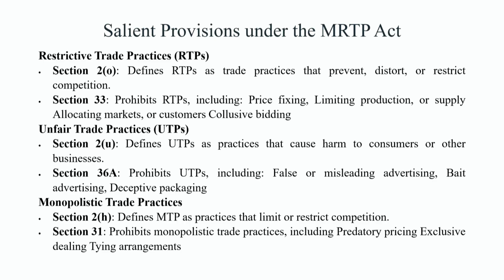Monopolistic trade practices were given under Section 31, but the definition was given under Section 2 subclause H, which defines monopolistic trade practices as those that limit or restrict competition. If you see the main provision of the MRTP Act, this was not a competition act, this was against monopolism. It was the act to curb the monopolistic approach or monopoly.